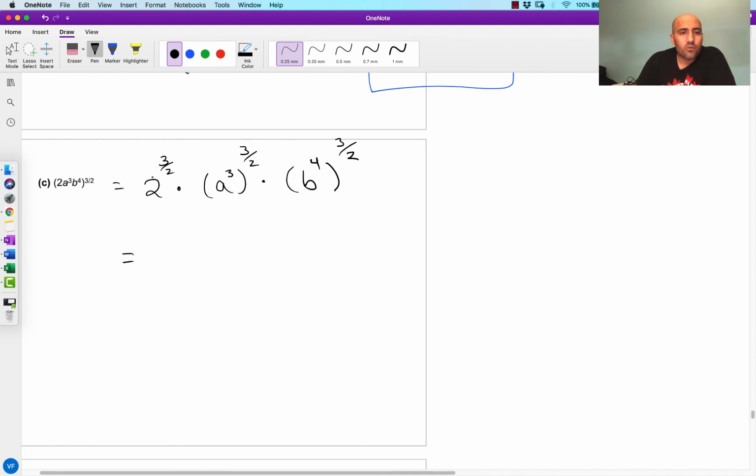This is equal to the square root of 2 to the third power, and write it that way, times the square root of a to the third power raised to the third power, times the square root of b to the fourth power raised to the third power, inside the radicals.